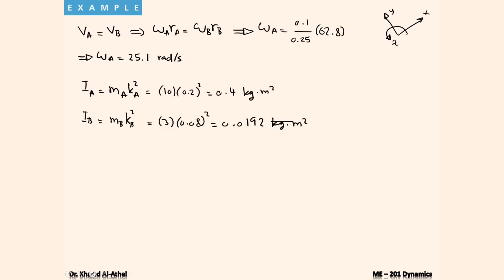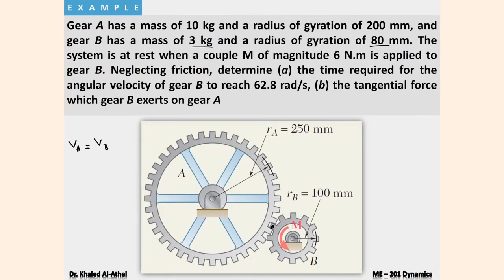So this is for the angular momentum. Plus, let's look at the forces acting. Gear B is pushing gear A. As you can see here, gear B will exert a force like this on gear A. Therefore, I'm going to put this force acting downward in this case.